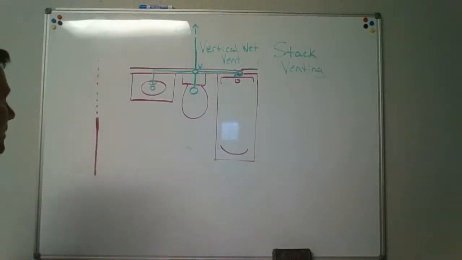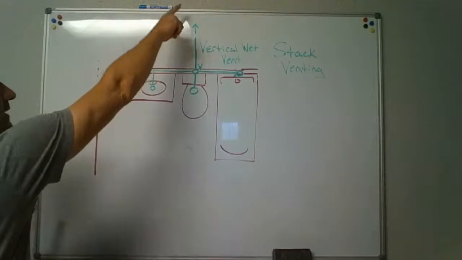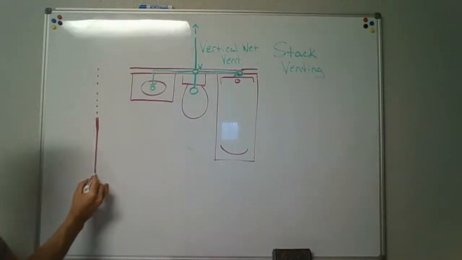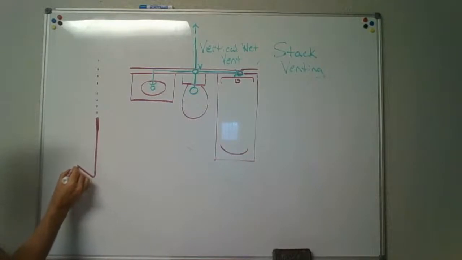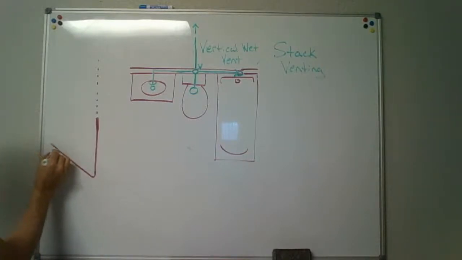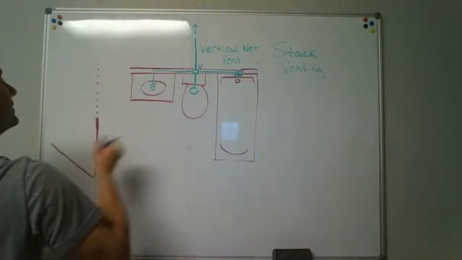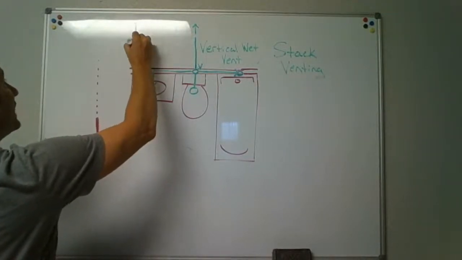Okay, so let's see. The first thing let's do is take the lowest thing, which would be the drain running out. We can pick a direction we want that to go. So maybe I want it to follow the 30-degree angle and go up in this direction. If you looked at the little grid pattern that you had on your paper, you should have aligned your paper where there's vertical lines.